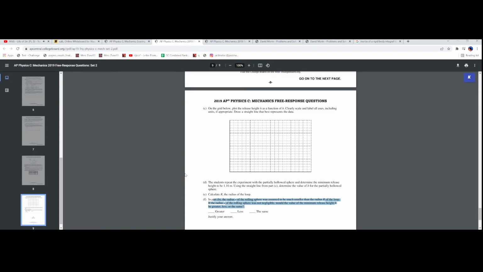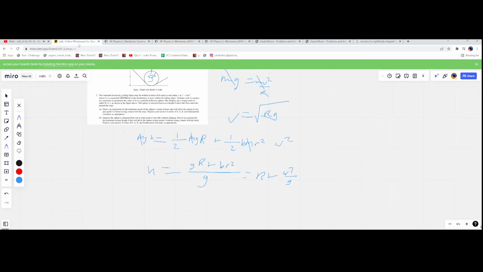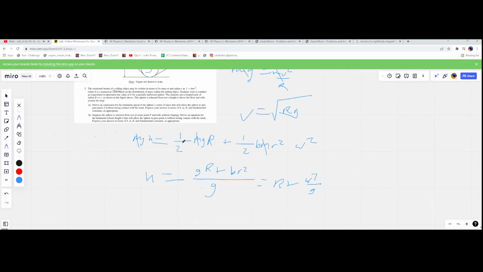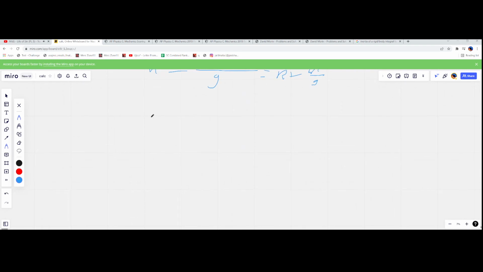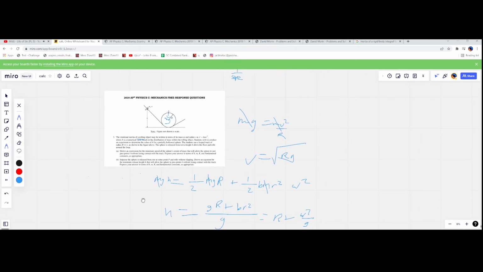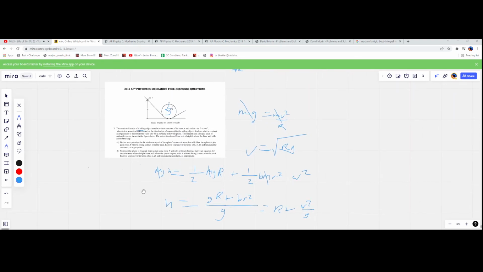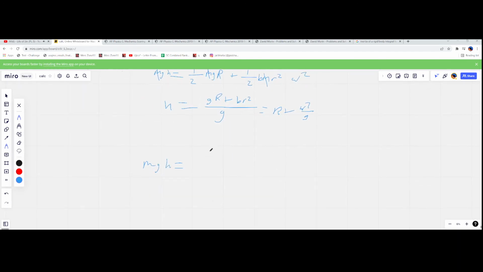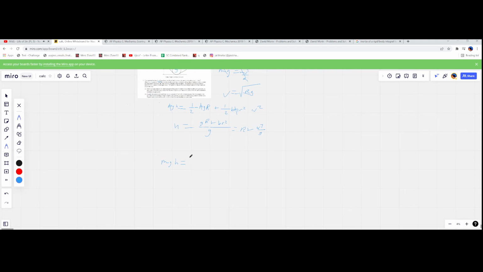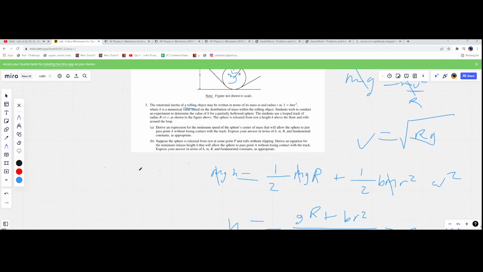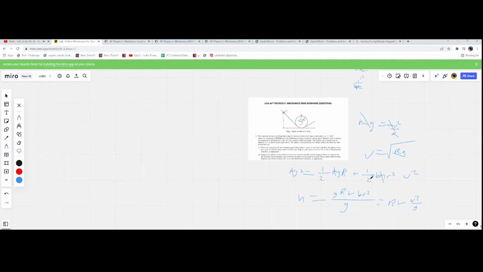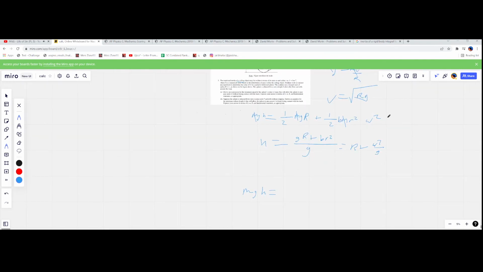That's a great question. Well, what was our equation for h? Okay, I need to actually write out my equation properly then. mgh. Oh, well, I guess that doesn't even matter. R squared w, I guess that doesn't even matter.